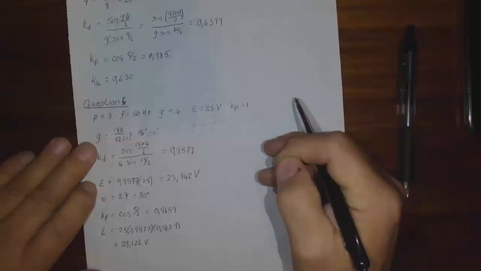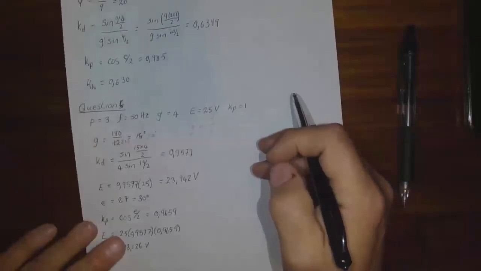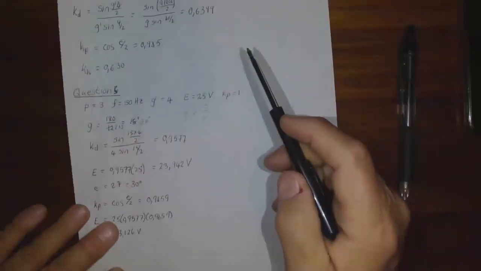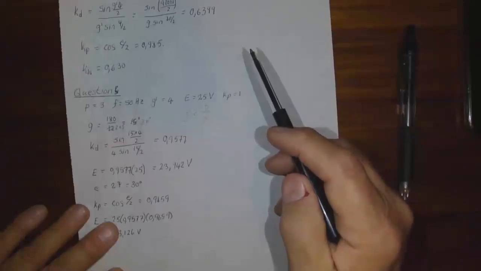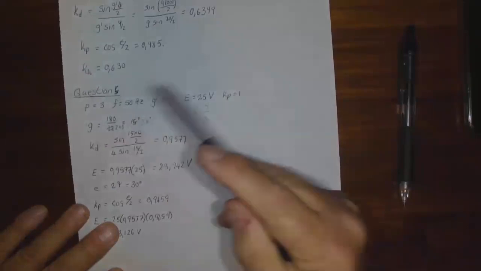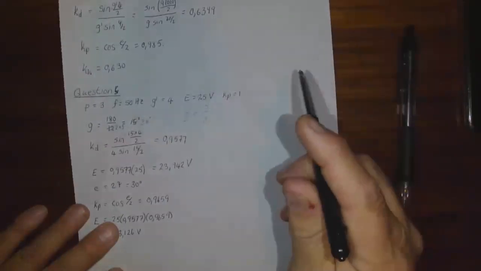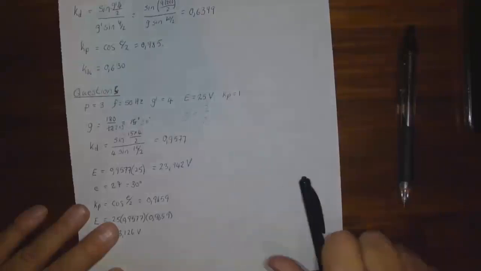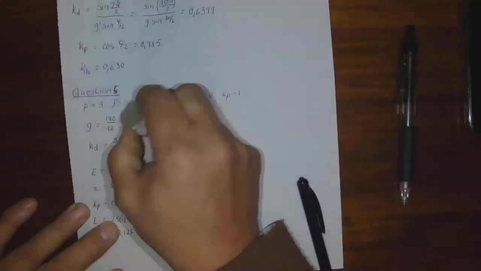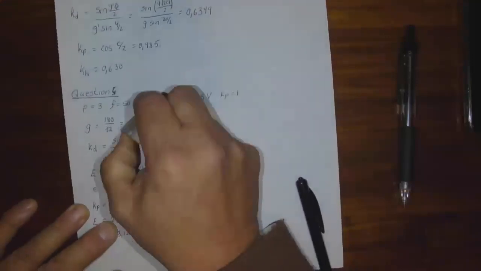G prime is given, we're looking for G. We don't need G if we have G prime. We only need G prime, which is given. And everything that it did is correct. Yes, you're right. Because we are looking for what is the slot angle.